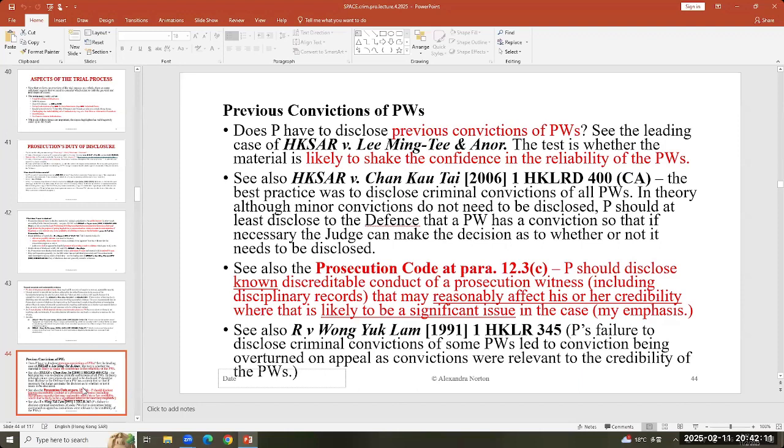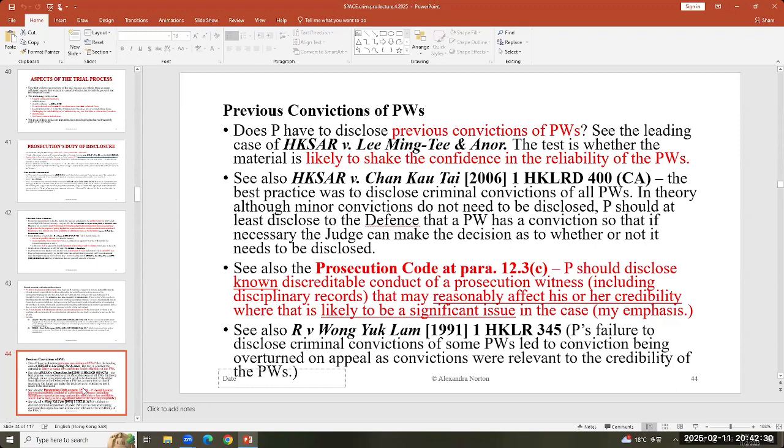Now, if we just look strictly at the wording of the prosecution code, it would suggest only known discreditable conduct. And actually, in effect, where a witness has been discredited. In other words, where there has been an adverse finding against them, right?